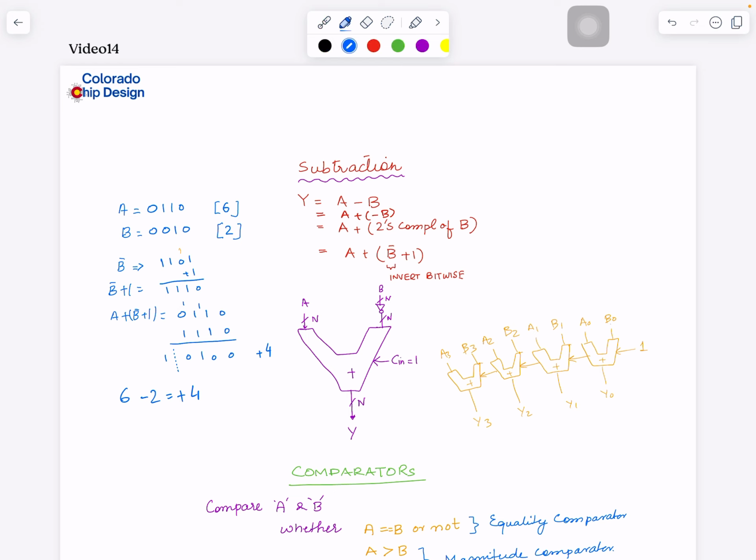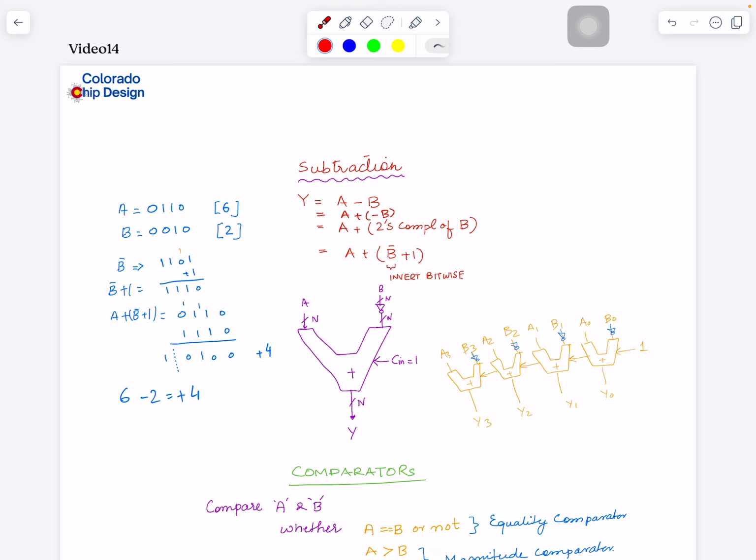Then we're done with this step. Then we have to add plus 1, meaning just 1. We're not adding 1 to every bit, just a single one. And the easy way to add the single one is the Cn that is coming into the adder: we just hardwire that to 1.